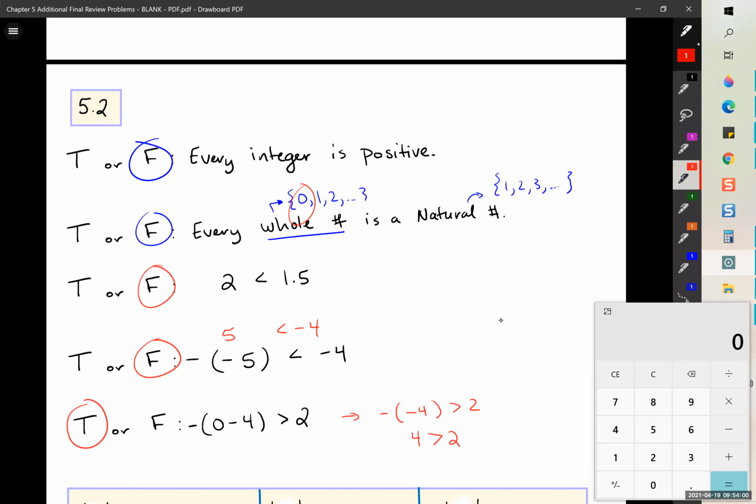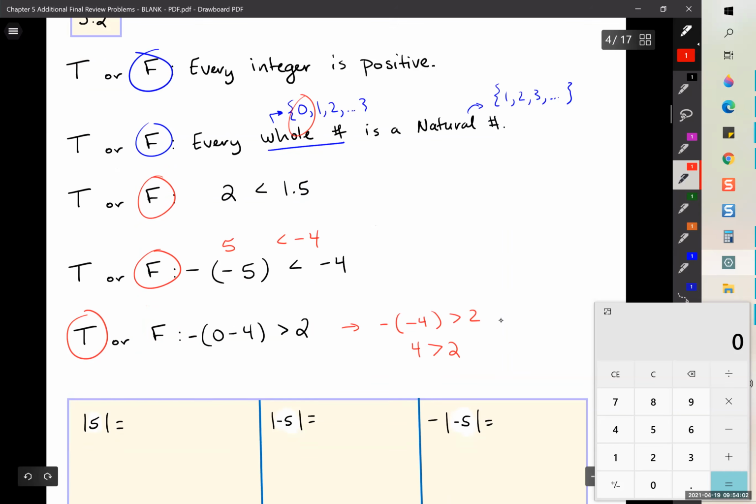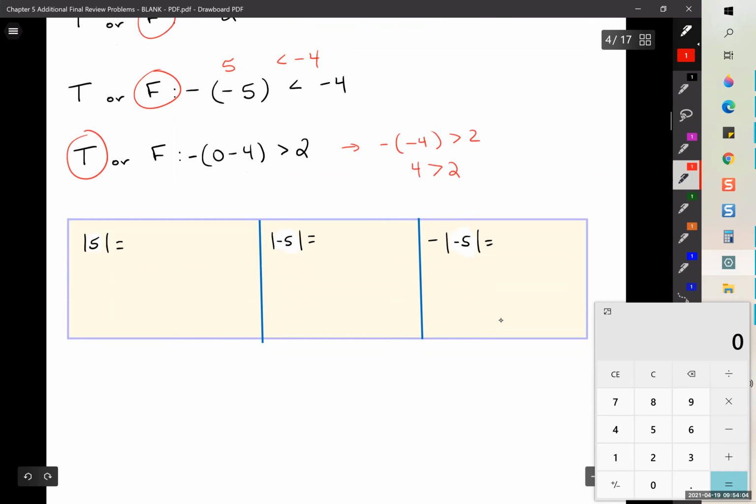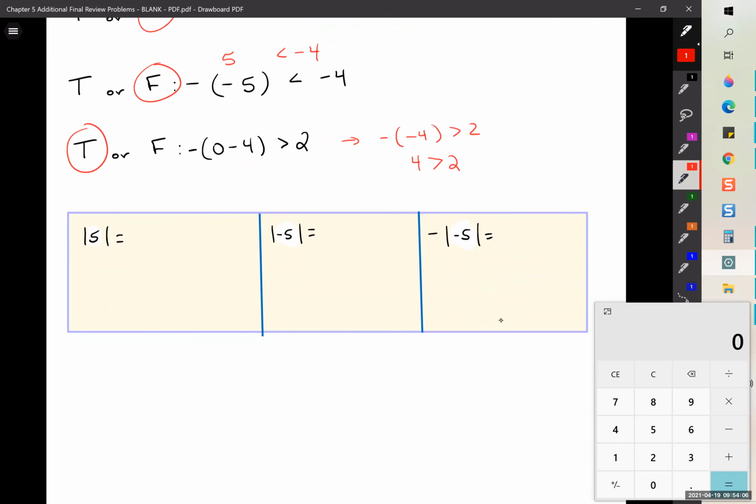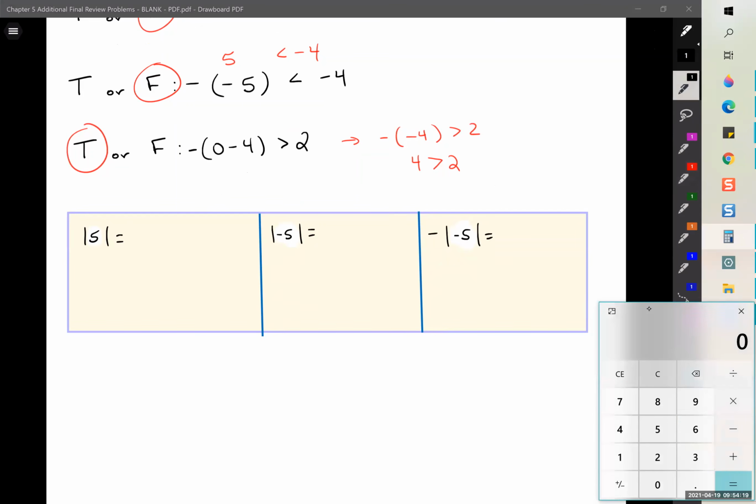So remember, as you're simplifying, parentheses, exponents, multiply, divide, add, subtract. And think about it to work with these absolute values. Think about these 3. We know absolute value takes what was either positive or negative and makes it positive.